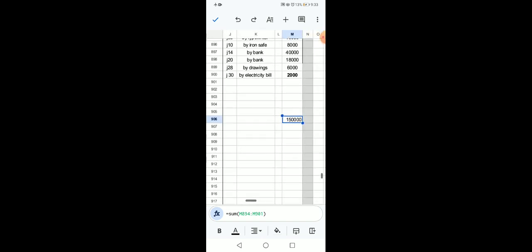Now make a comparison of both amounts, 1 lakh 50 thousand or 2 lakh. Which sum is the larger sum? 2 lakh. So you are going to write 2 lakh as the total on both sides.